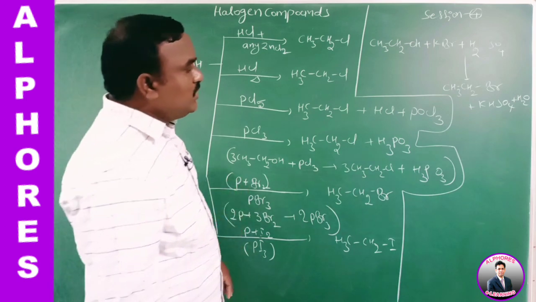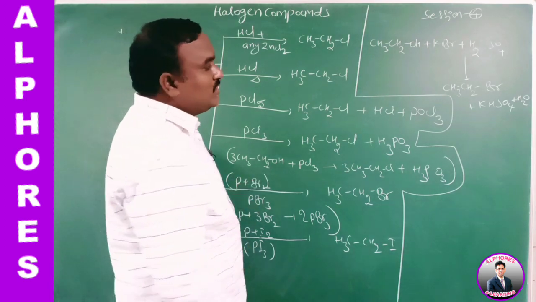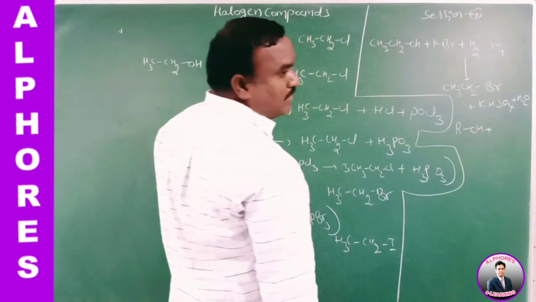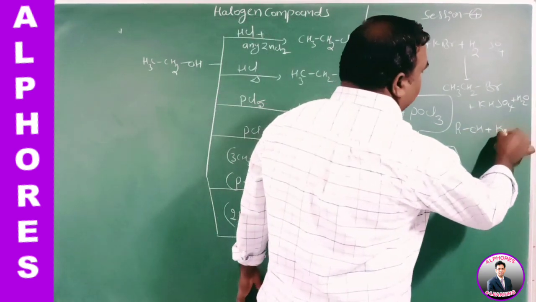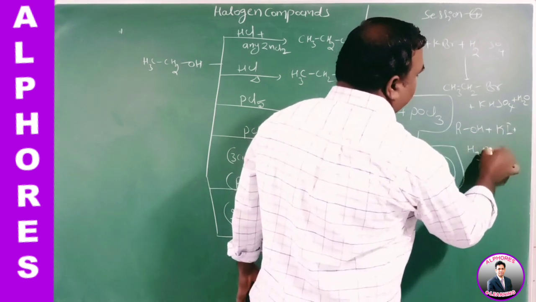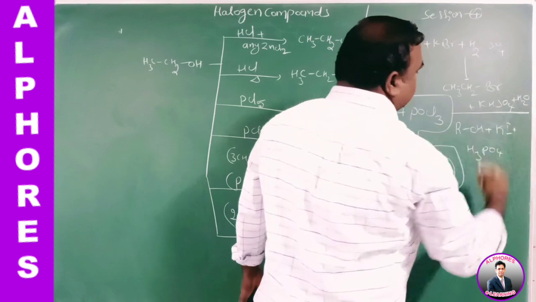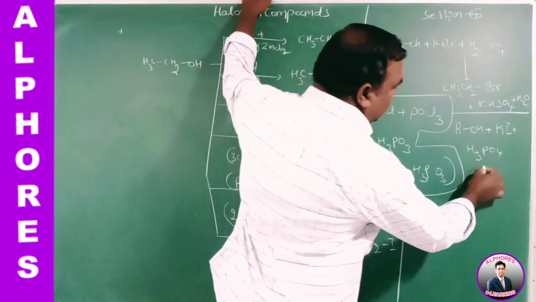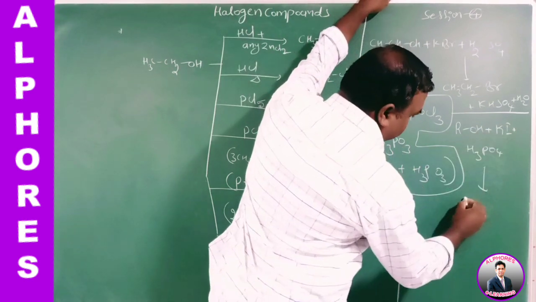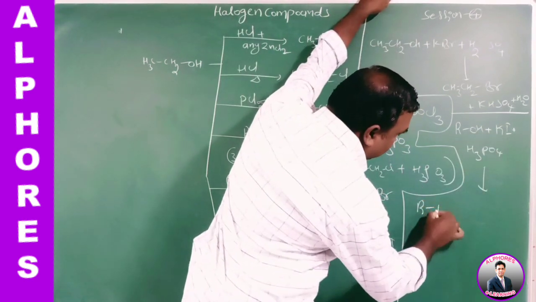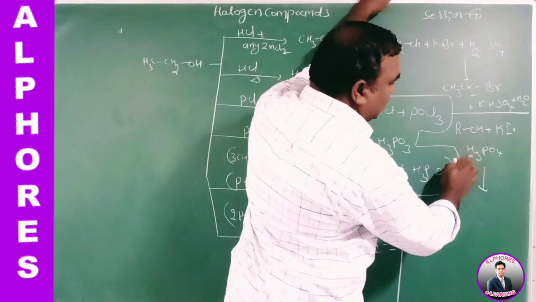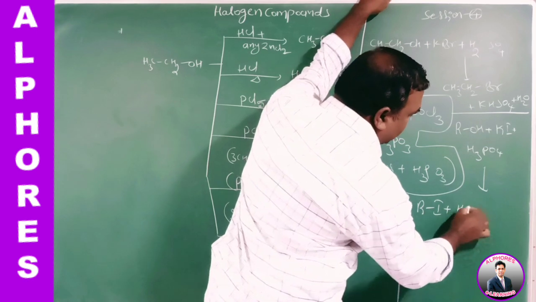In the same way, we can prepare alkyl iodide also. For example, here alcohol is given, the compound reacts with potassium iodide plus concentrated H3PO4. So here also the same thing, OH minus is substituted by I, and the formed product is alkyl iodide. Again H and OH form H2O.